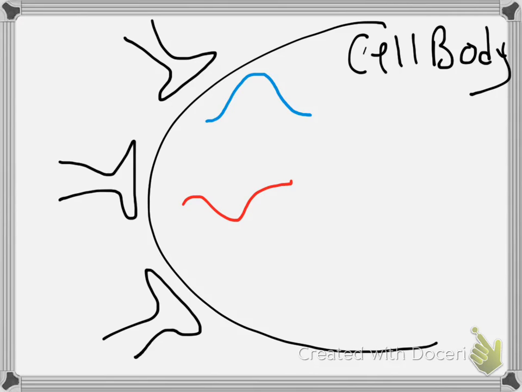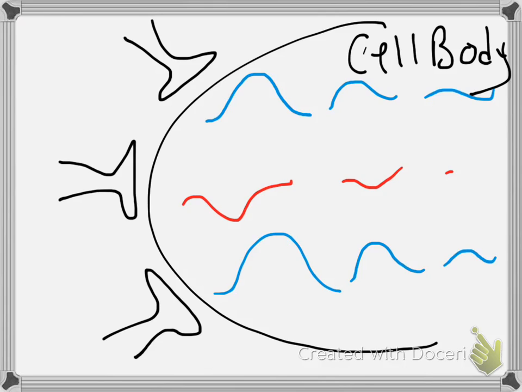And then the third one we will say is generating another EPSP. Remembering the concept of decremental conduction, as these travel towards the cell body, towards the axon hillock, these are going to decrease in amplitude. Similarly, the IPSP is going to decrease in amplitude.